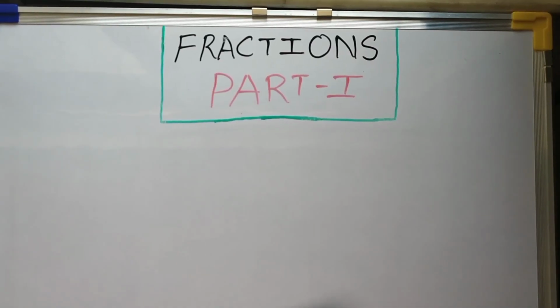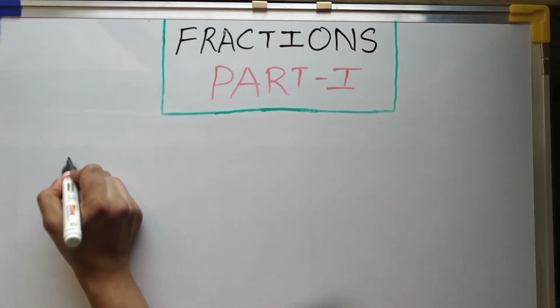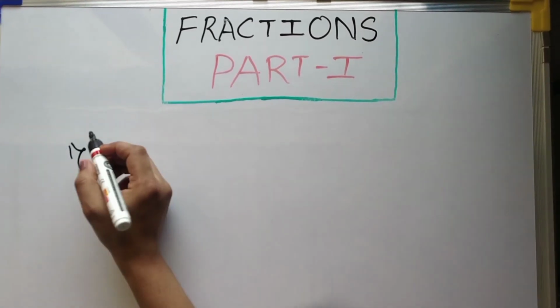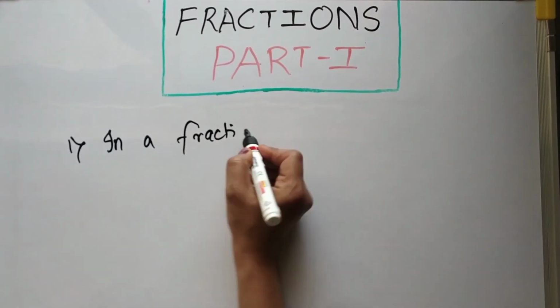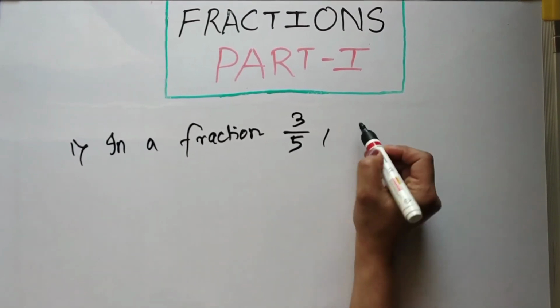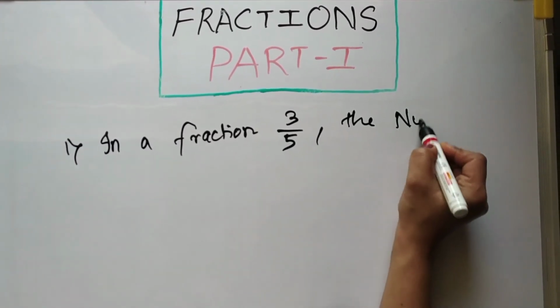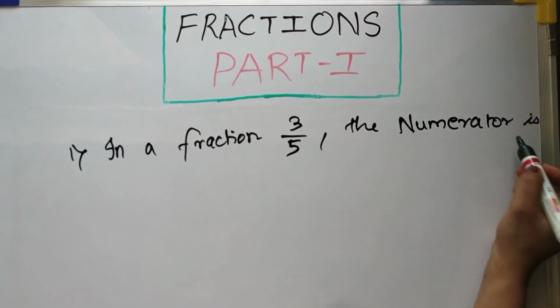We will solve few examples based on the term fraction. So, first example is, in a fraction 3/5, the numerator is question mark.